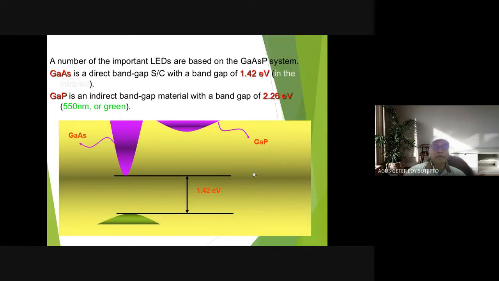So this is a common LED. It's a semiconductor of the gallium arsenide phosphide system. We know that gallium arsenide is a direct band gap, producing infrared, and gallium phosphide is an indirect band gap, producing green light.